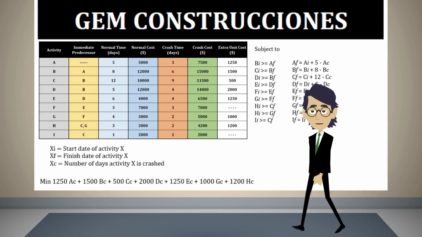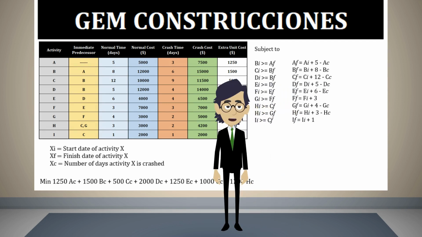Now we need to add the crash time constraints. Those constraints indicate the maximum number of days that each activity can be crashed. I believe that these constraints are fairly easy to comprehend.